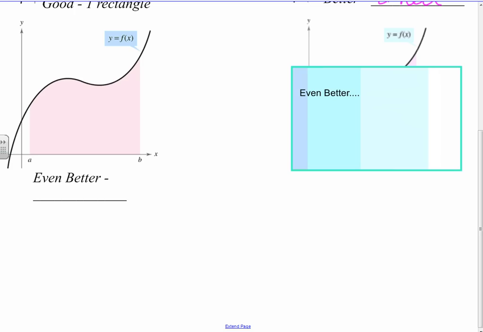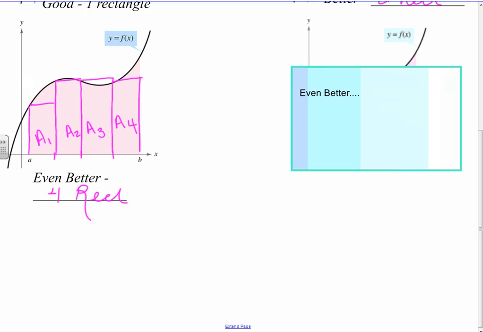Maybe I'll go after 4 rectangles. I think I'll give myself some subdivisions here. I'll quarter it up. First rectangle, boom. Second rectangle, boom. Third rectangle, there. Fourth rectangle, there. Area 1 plus area 2 plus area 3 plus area 4 would get me my grand total. So even better if I used 4 rectangles.